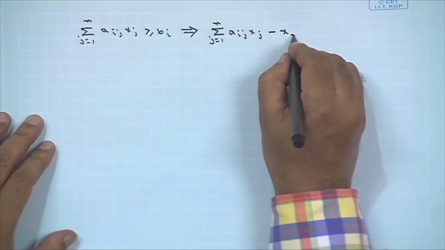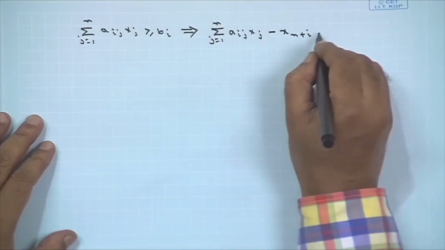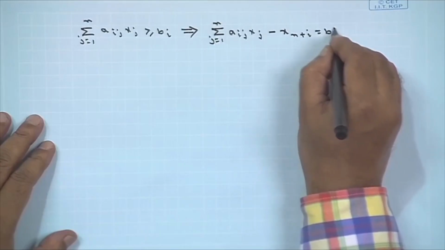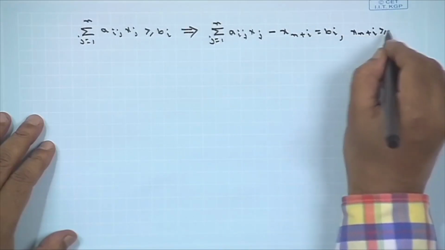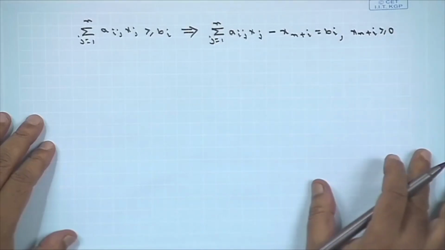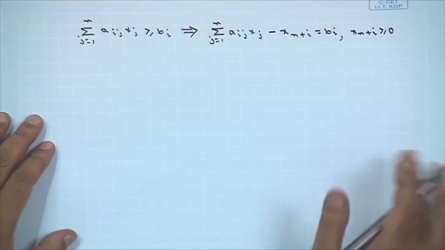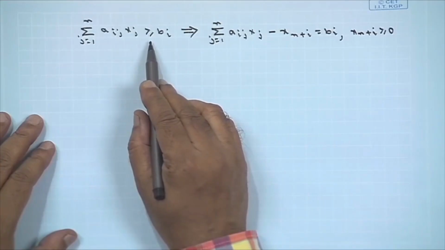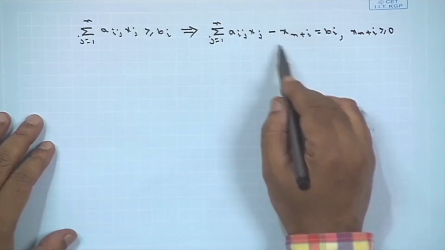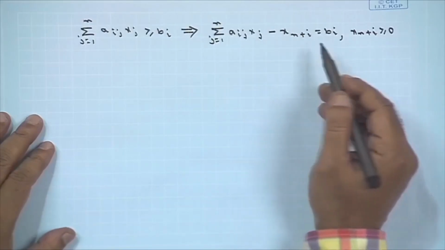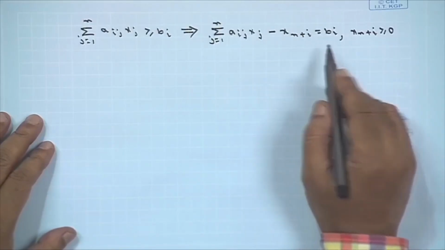So, I write x n plus i equals bi, where obviously the variable x n plus i should be greater than or equal to 0. So, a greater than or equal to inequality, by subtracting one variable, we can make it an equality constraint.